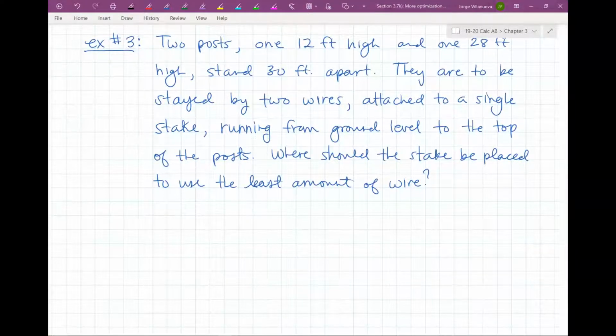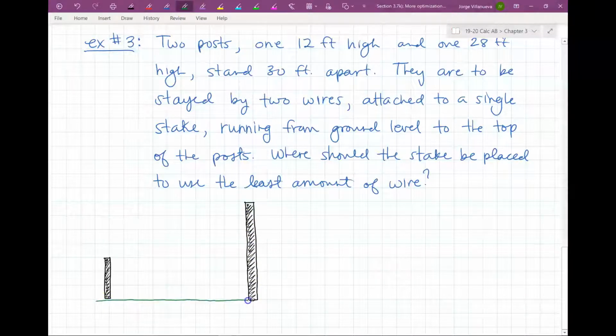Let's make a 12 foot post, and we'll make one that's 28 foot. They say they are 30 feet apart.